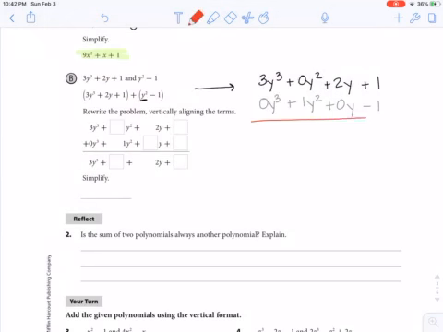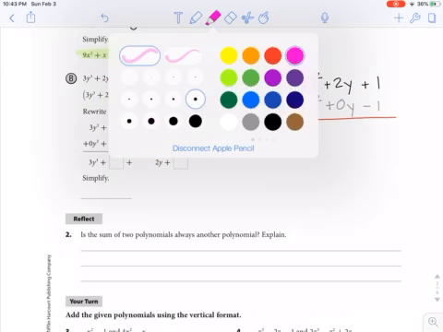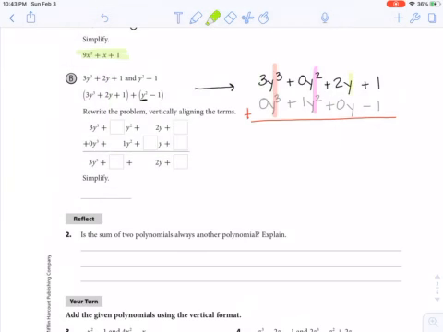Now I'm going to go ahead and add these or combine like terms. And so if I do the same thing as I did in the previous example, I have my y cubes, I have my y squares, I have my y's, and I have my constants. And I'm going to combine these.